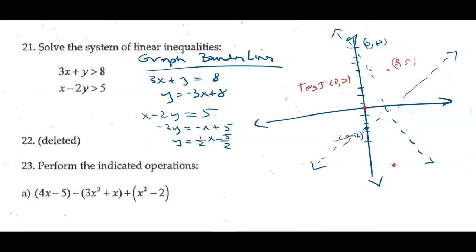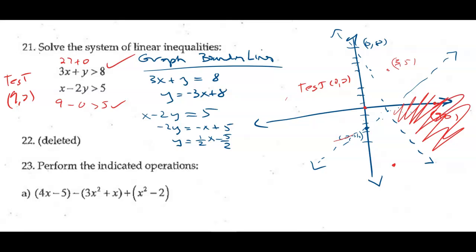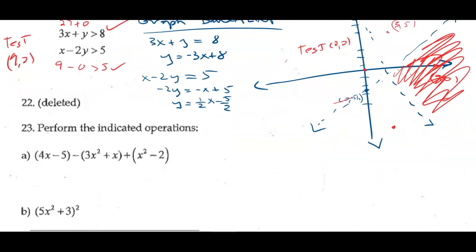All right, so the only region I haven't picked yet is out here somewhere. So let's just pick 9, 0. All right, it should work. Okay, 9 times 3 is 27 plus, yep, that's definitely bigger. 9 minus 0 is greater than 5, yep. So this is the region that works. That's the region that gets shaded.